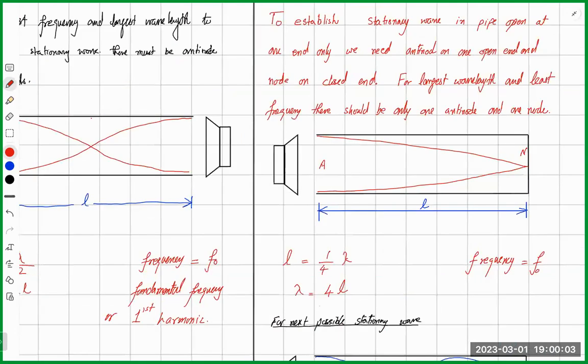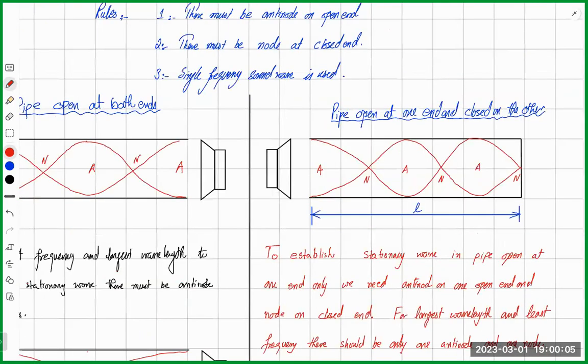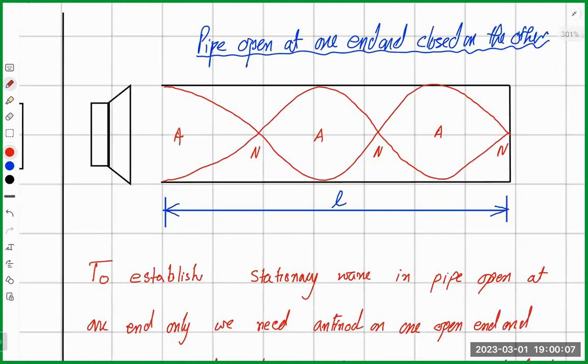A more common way to establish a stationary wave is with one source and a pipe which is closed on one end. If you use a pipe which is closed on one end, this will produce a node on the closed end and an antinode on the open end.